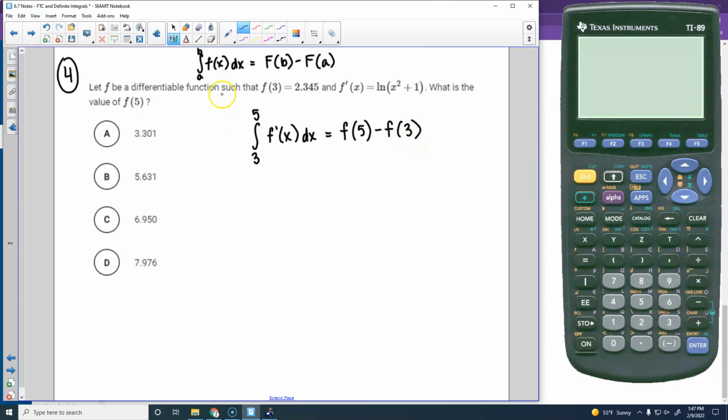Okay, that's just applying that rule there. I chose 3 and 5 because I know what f of 3 is, and I'm being asked what f of 5 is. So that's why I chose those as my lower and upper limits.